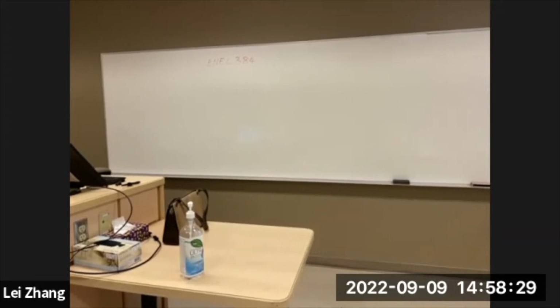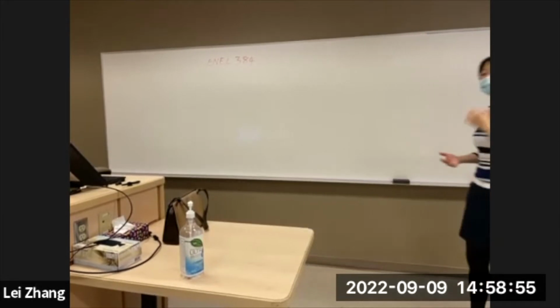The output is high when only one input is high. Output is low when both inputs are equal. So basically, when these 2 inputs are different, either 0, 1 or 1, 0, the output is high. When these 2 inputs are the same, the output is low. So these 2 inputs have to be different.